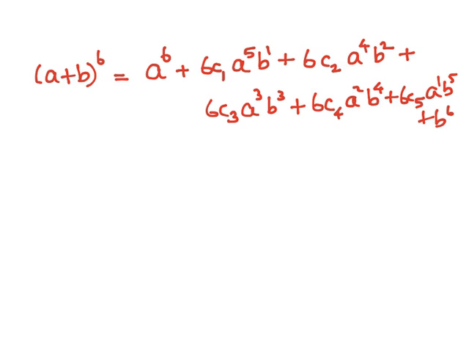Right? And of course, then you can find out what 6c1, 6c2, 6c3, 6c4, 6c5 are, and then write the answers. Very simple. So let me expand the next binomial expression.